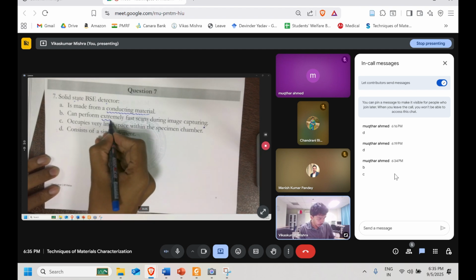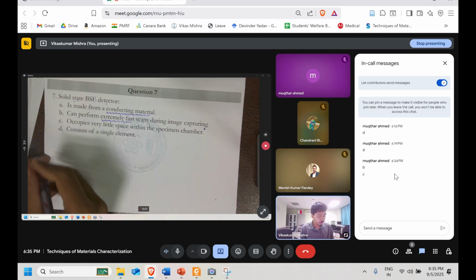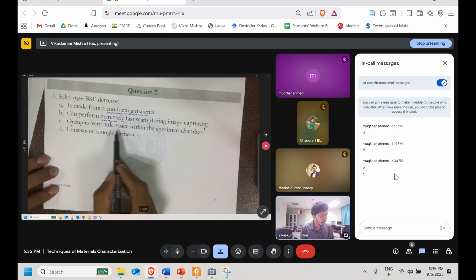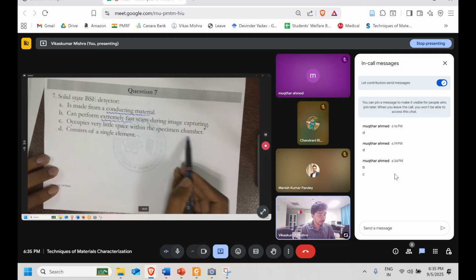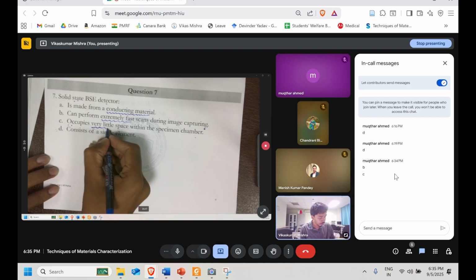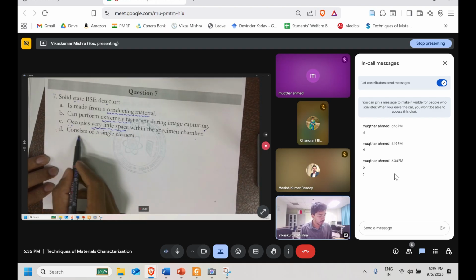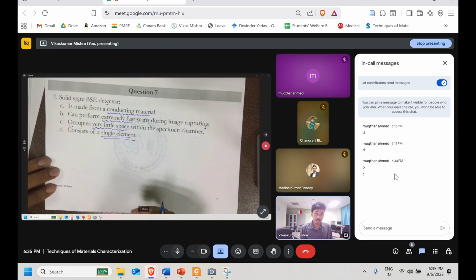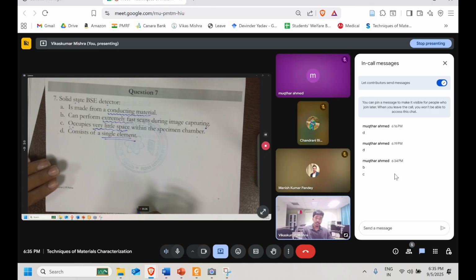Is it very fast? Now let's go to the third option. Let's see the entire question first. It occupies very little space within the specimen chamber. And the first one consists of a single element. Now let's see it one by one.